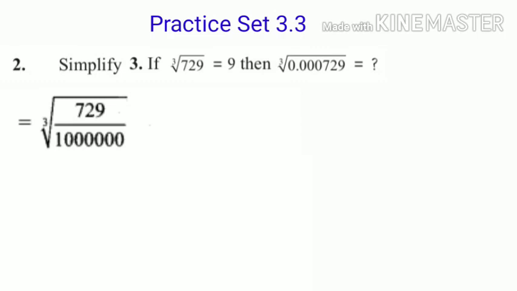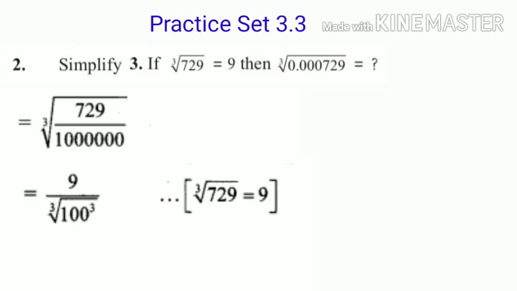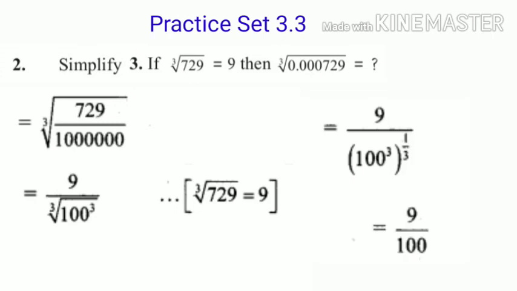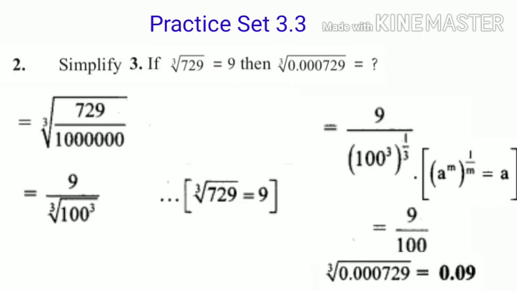So that will be 10 lakh. So we will get cube root of 729 upon 10 lakh. As we know, 729 is the cube of 9 and 10 lakh is the cube of 100. Therefore, we will get cube root of 0.000729 equal to 9 upon 100. After simplification, we will get equal to 0.09.